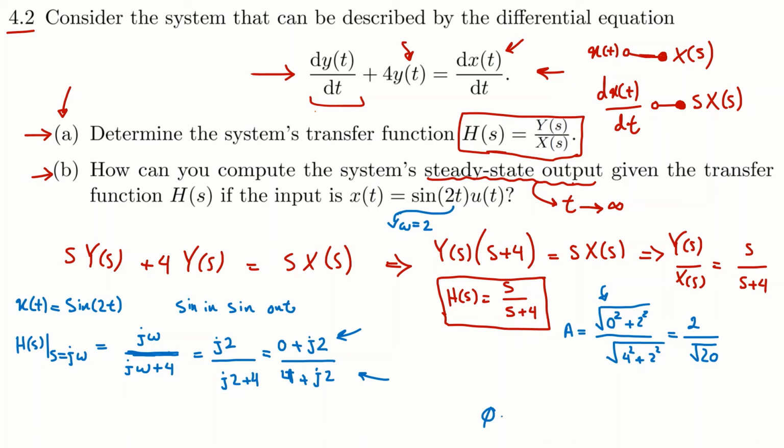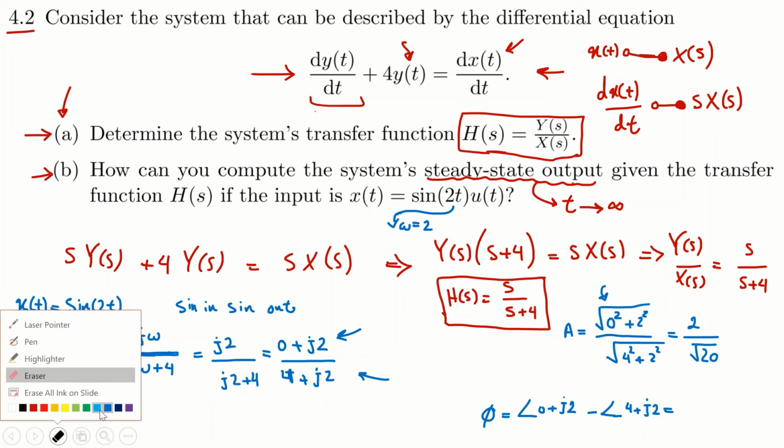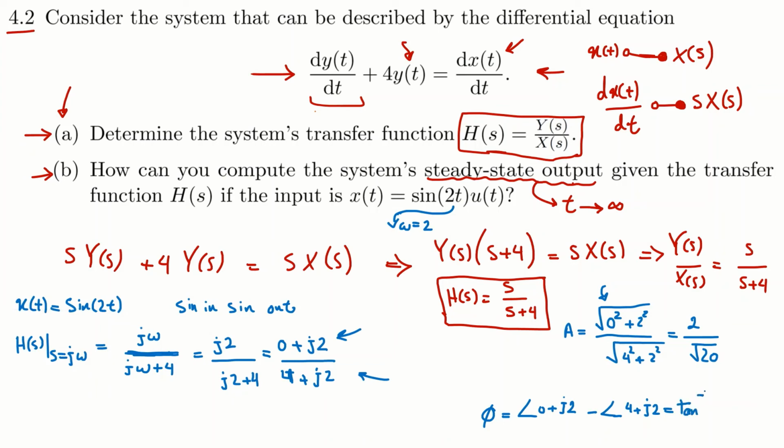So the phase of the numerator is the phase of 0 plus j2, minus the phase of the denominator, which is 4 plus j2, and this equals arctangent of 2 divided by 0 minus arctangent of 2 divided by 4.